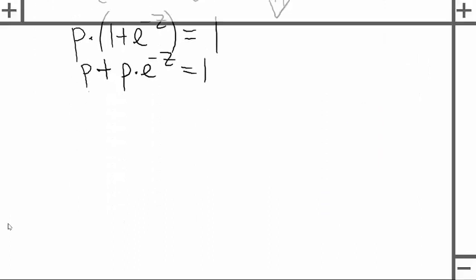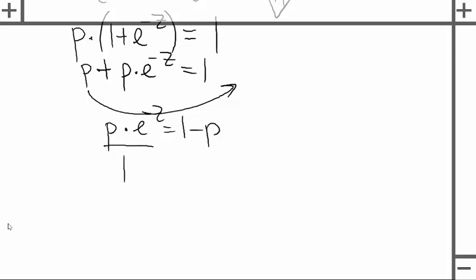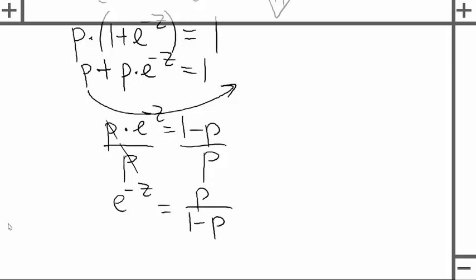And let me bring p to the other side with a minus sign, right? So what I have is p times e to the power minus z equals 1 minus p. Now let me get rid of p. How do I do that? I divide right side and left side by p, right? So p cancels out, and I have e to the power minus z equals p over 1 minus p. Okay?